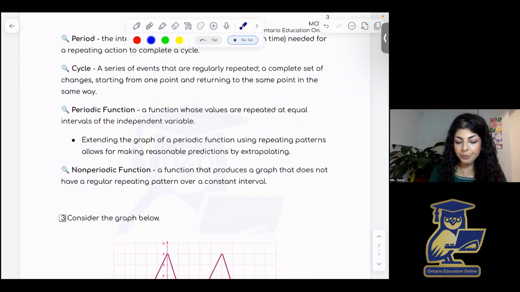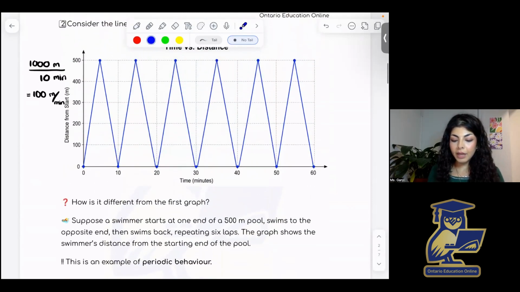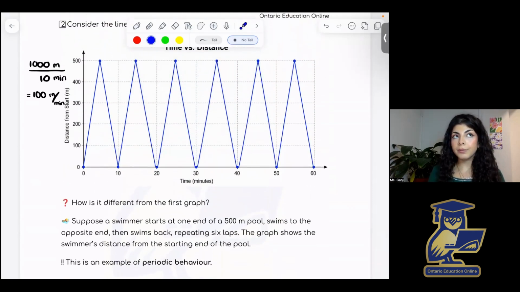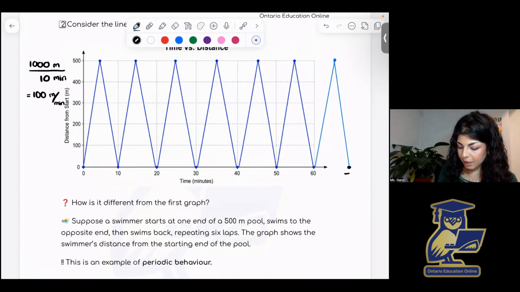function. So with periodic functions, if we extend the graph, we are able to see repeating patterns and we can actually make predictions by extrapolating. Remember, extrapolating is the process of extending your graph to determine points that aren't necessarily given to you. So if I here told you the swimmer swims a 7th lap at the same consistent speed and distance, then you would know that I can draw this over here, and I would just have this be time 70.